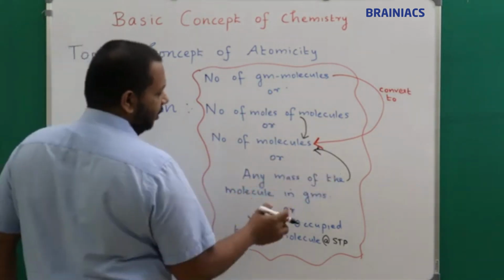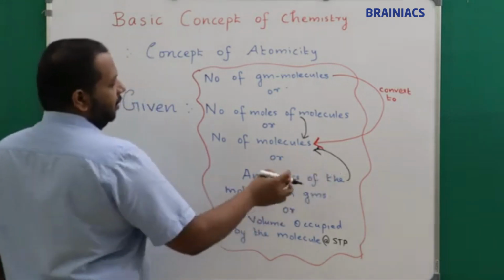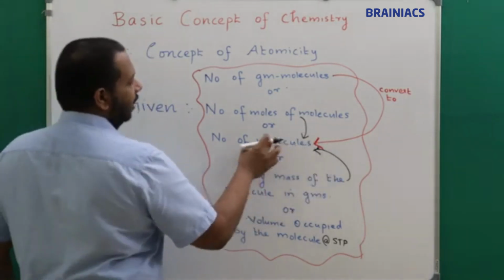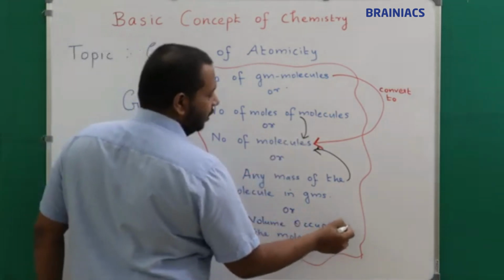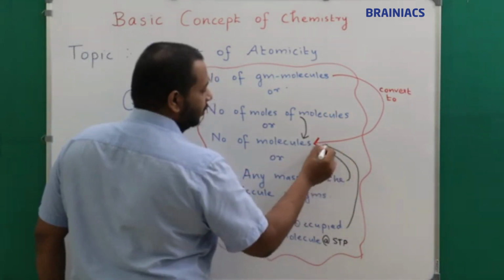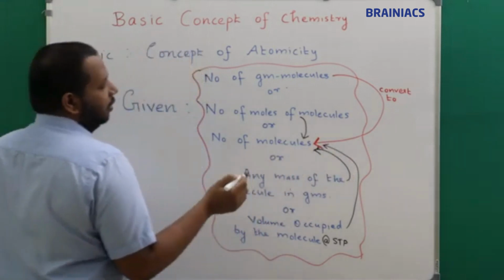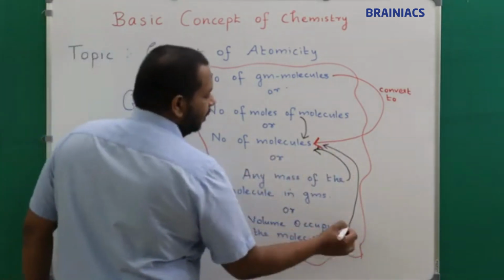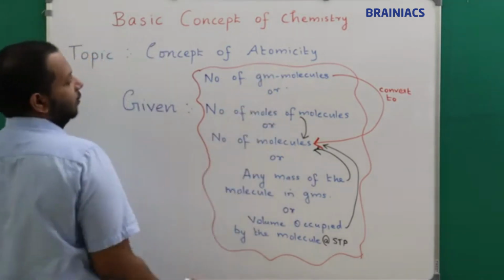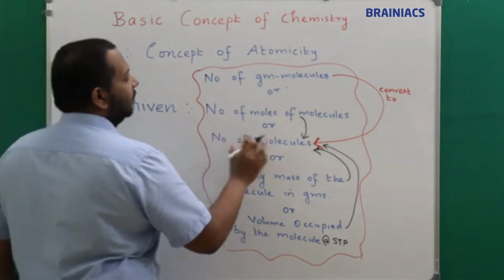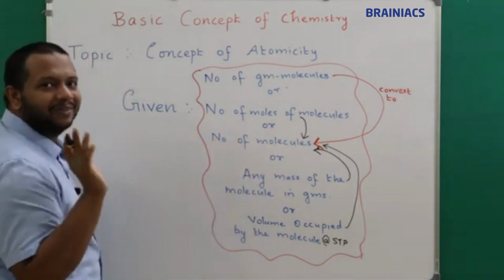Now here also I told, if mass of the molecule in grams is given, convert that to number of molecules. And similarly, if volume of the molecule is given, that also you should convert to number of molecules. So the concept is very simple. They can give 1, 2, 3, 4, 5, any of the 5. If directly they are giving number of molecules, you don't have to do anything, it's very easy.